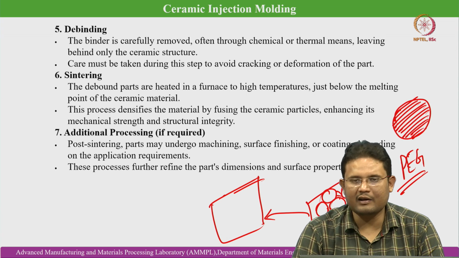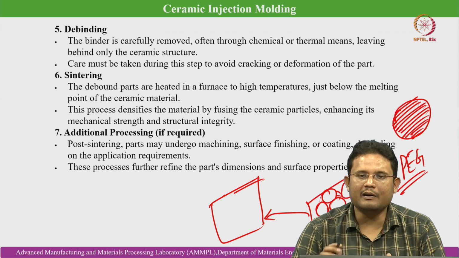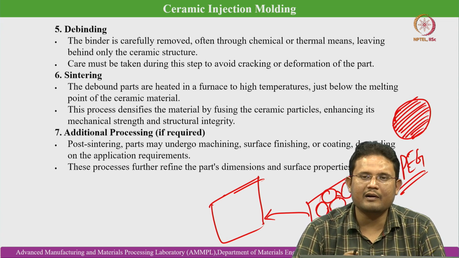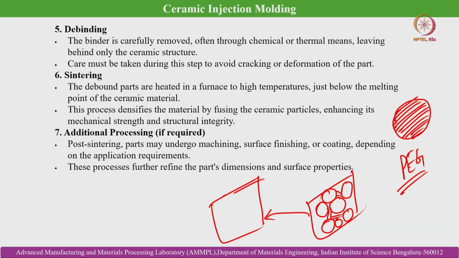They are responsible for removal of the residual binder present in the ceramic polymer mixture in the form of vaporization, and then during final sintering we find a dense structure with minimum porosity, and this is how the injection molding works.